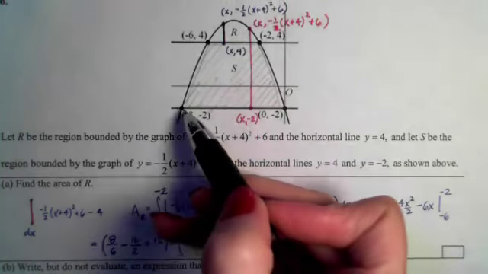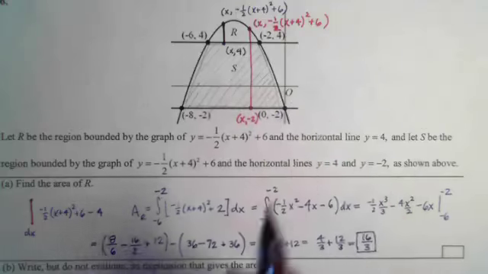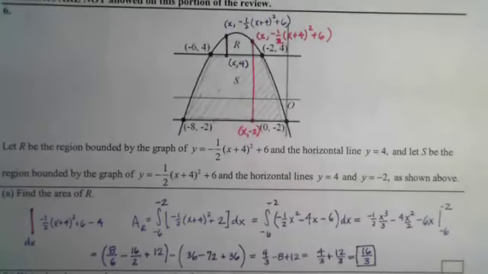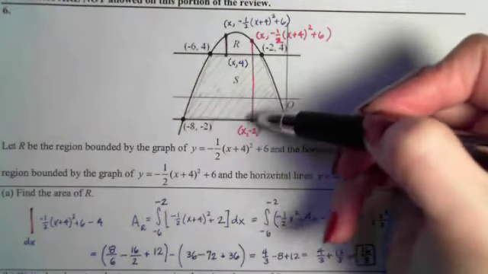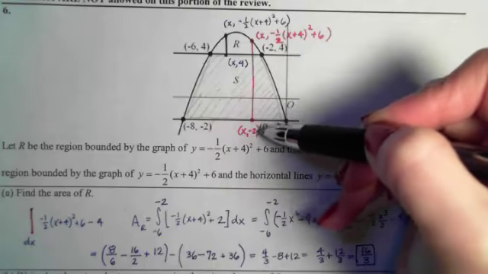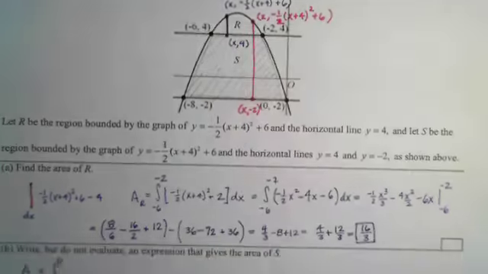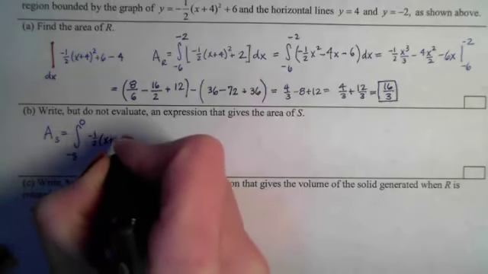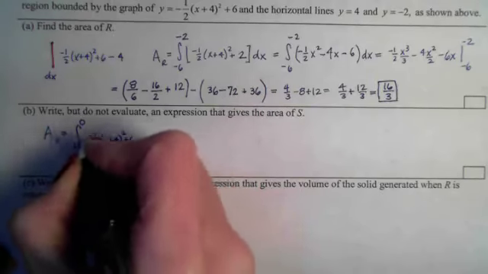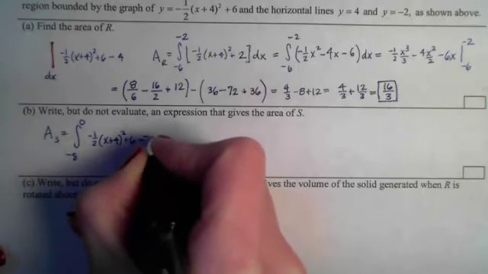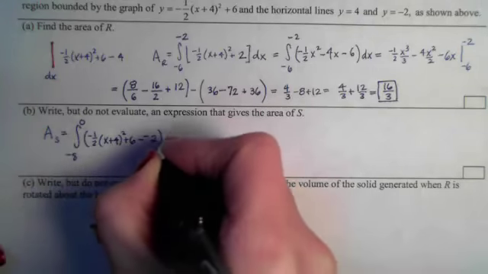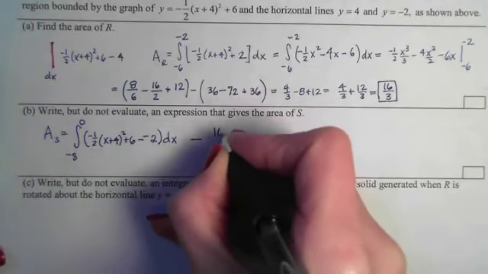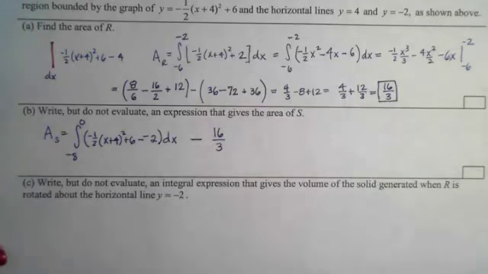We're going to be accumulating from -8 all the way to 0. And then we're going to do the length of this red strip, which is this y coordinate minus this y coordinate. So we'll have a -1/2 of that (x plus 4) squared plus 6, and then we're going to subtract that bottom y coordinate. Then we'll multiply by the width, and then when we're done we have to subtract the area that we just got in part A.